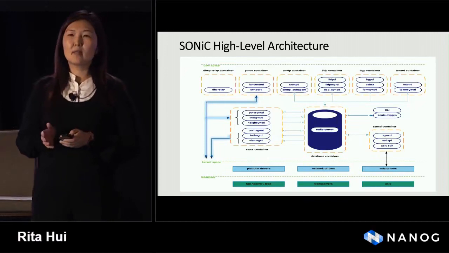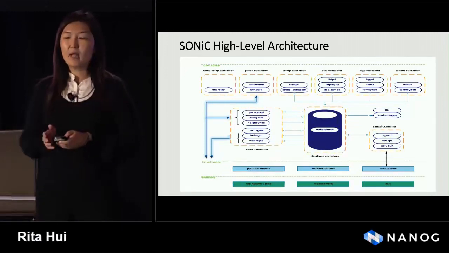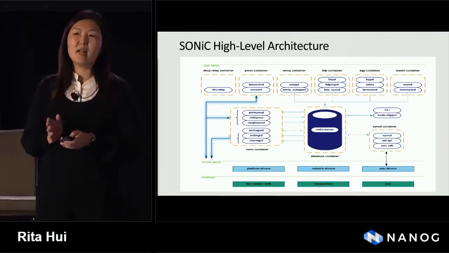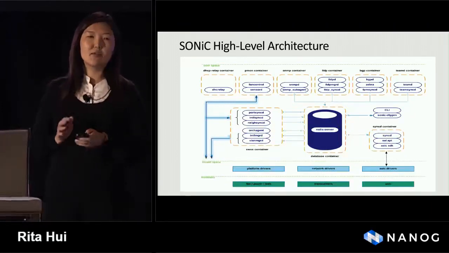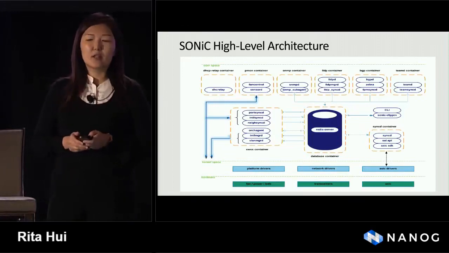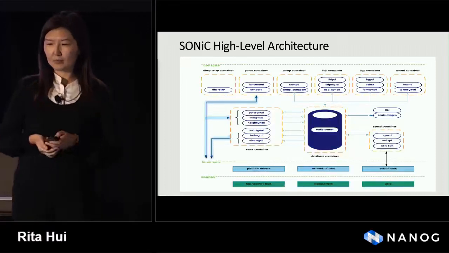The messaging system is built upon the PubSub model with the Redis database, and with this, we are able to reduce the number of messages that are otherwise exchanged directly between subsystems, and we could avoid race conditions that could easily happen in routers and switches.